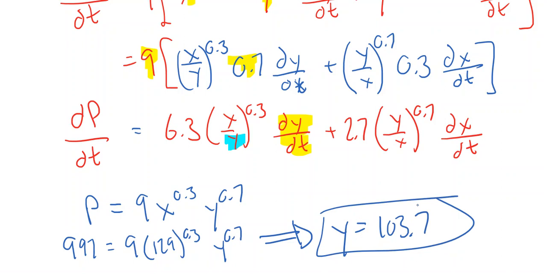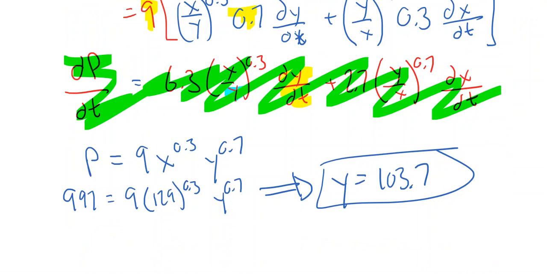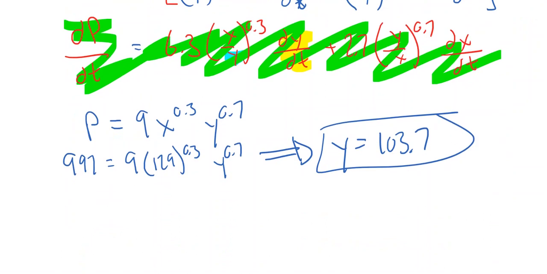Now it's just a matter of plugging everything into this big old derivative. dP/dt is equal to 87, so plug in the 87.